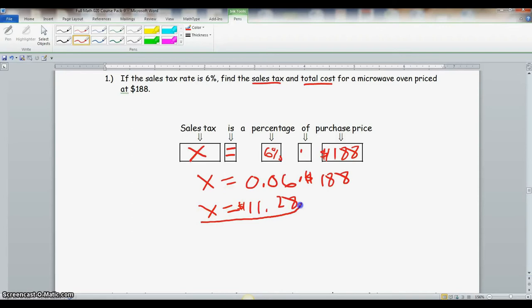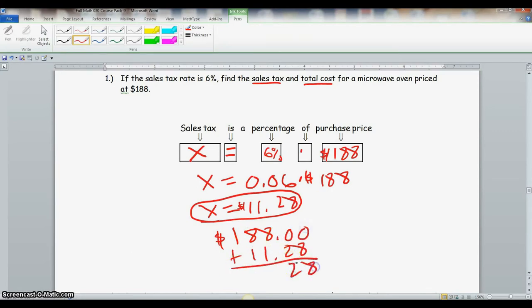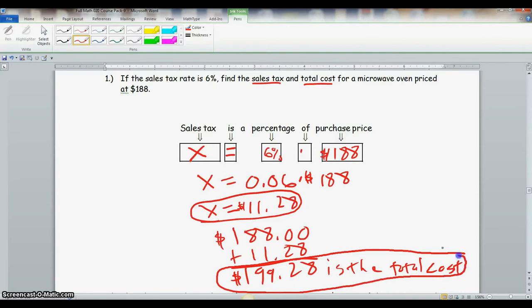So we could circle this, and then we would do the total cost. It'll be $188 plus the sales tax of $11.28. So this will give us $199.28 as the total cost. So that is the final answer here. So we had a sales tax and a total cost.